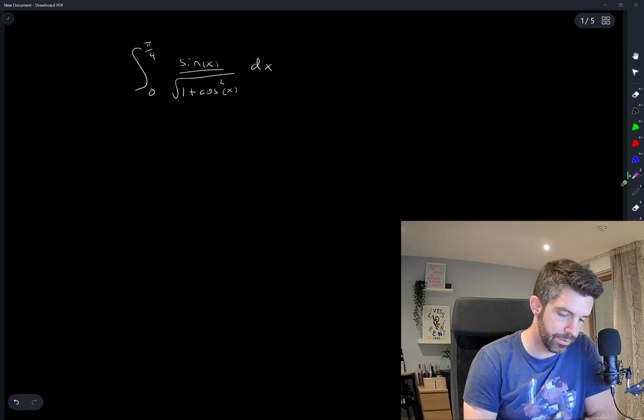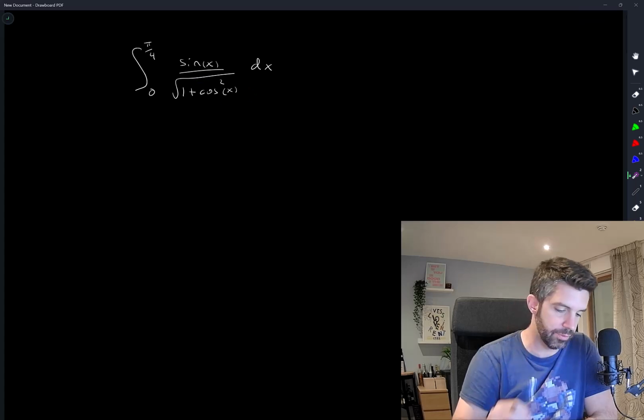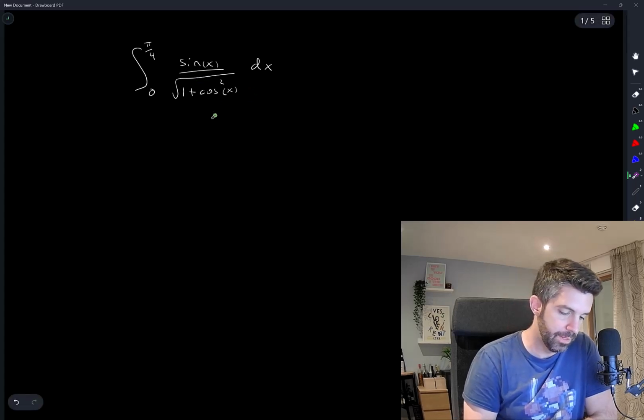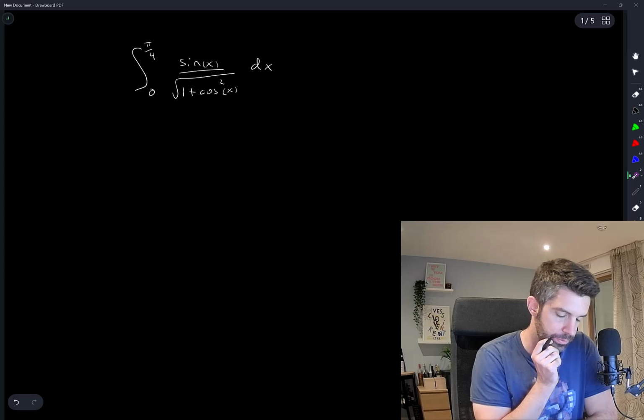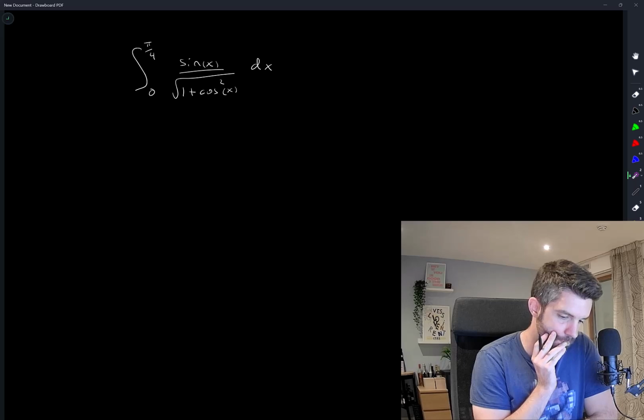the denominator does not look exactly like a Pythagorean substitution we could make. But if I factor, oh wait, no, hold on. No, that doesn't work.